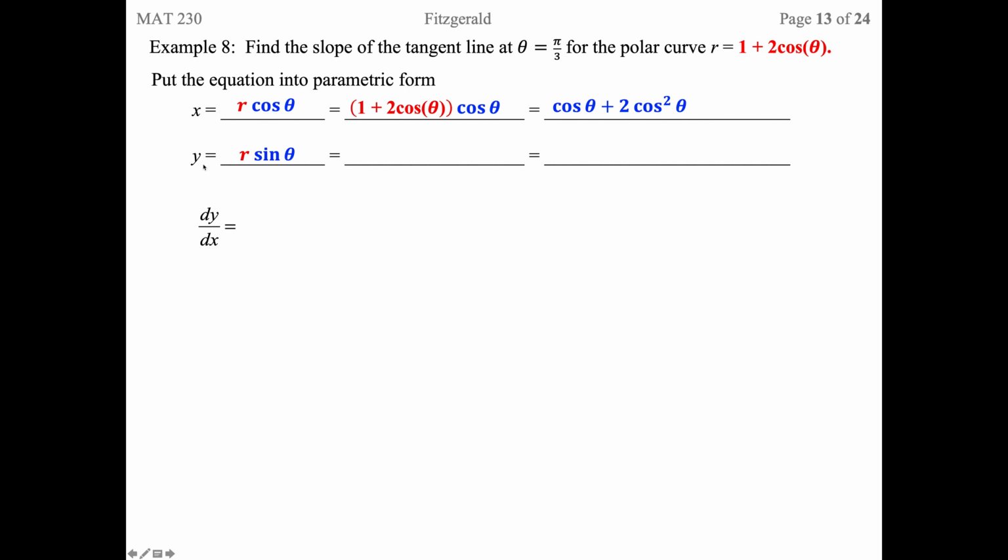Let me get that substituted in, multiplied in, and simplified: 2 sine theta cosine theta. So anytime you see a sine times cosine, be thinking of your double angle identity.